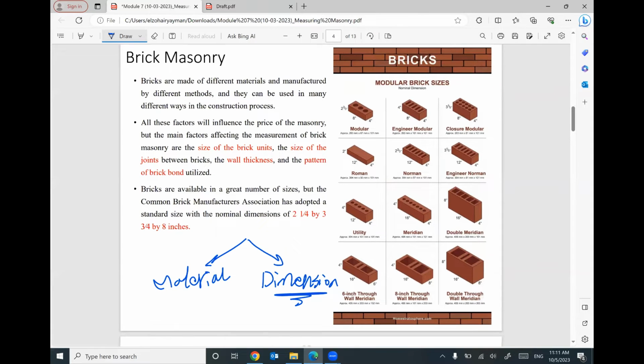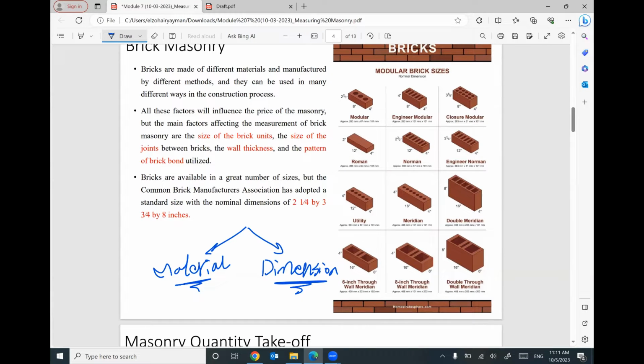My concern right now is the different dimensions. I don't care about the material so far because the material means different cost per unit. We will cover this later after exam 1, but so far for the quantity takeoff, what are the dimensions of the brick? As I mentioned before, each brick will be defined by 3 dimensions: the first one is called the length, the second one is the height, the third one is the width.